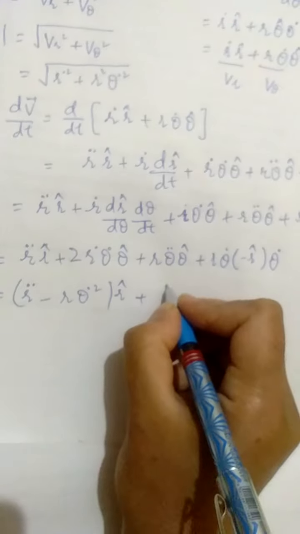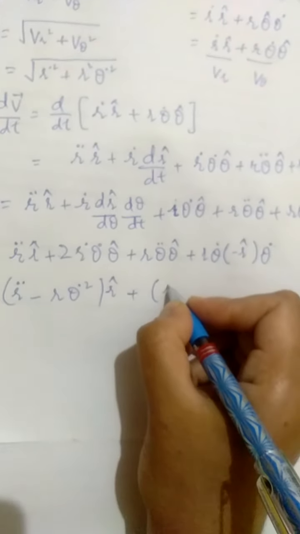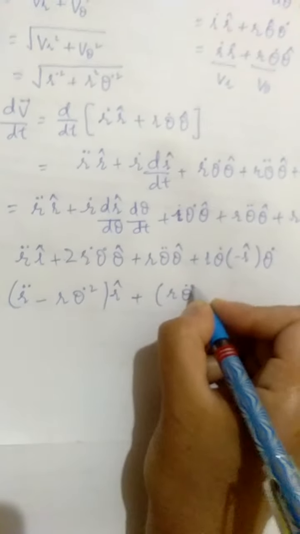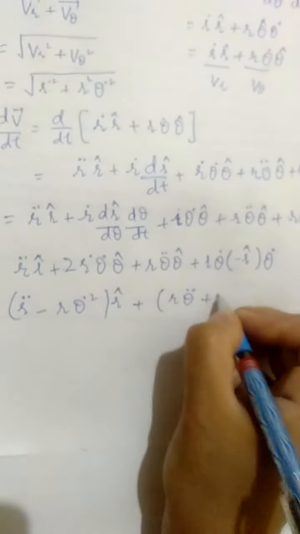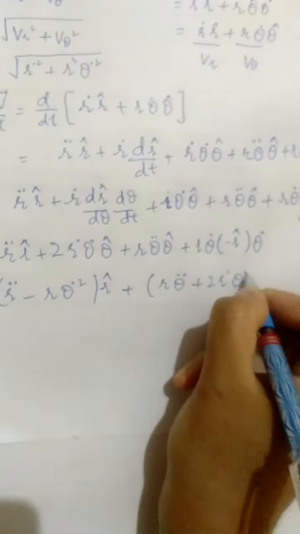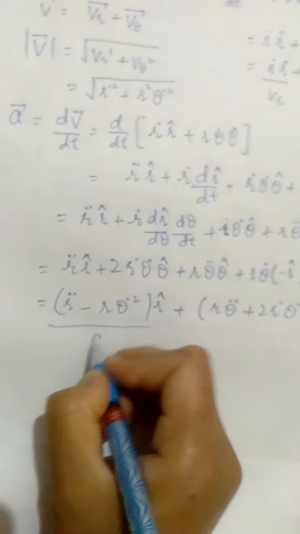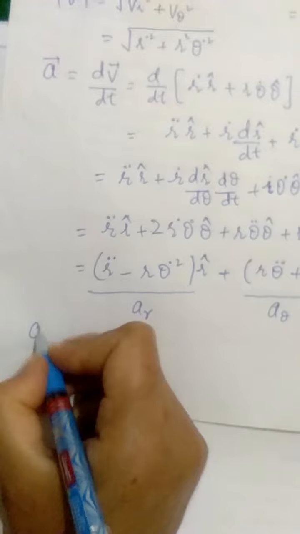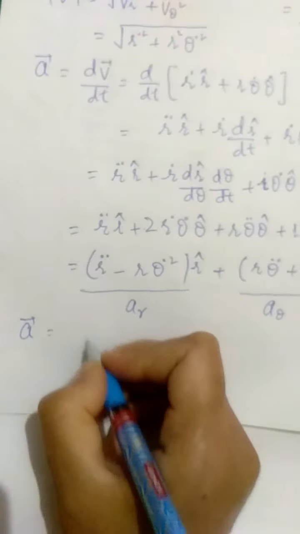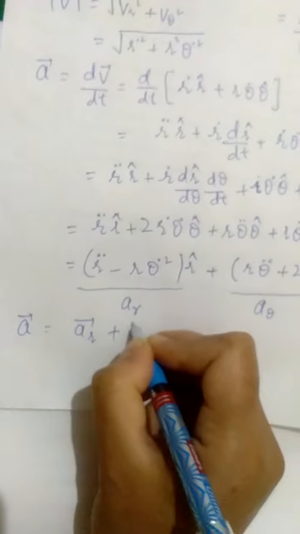Then the next is the angular component, that is r theta double dot. It's better to write the higher derivatives first. r theta double dot plus 2r dot theta dot theta cap. So this is the radial component of acceleration and this is the angular component of acceleration. Obviously, therefore acceleration is ar, the radial component, plus the angular component.